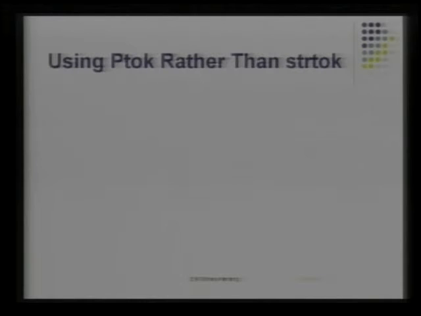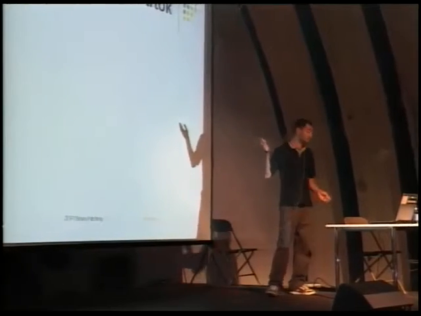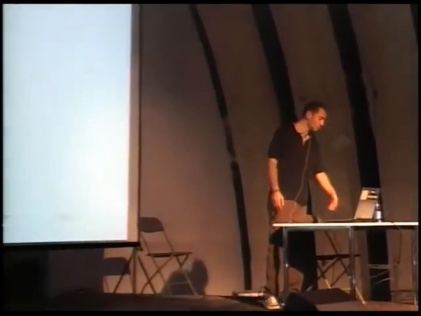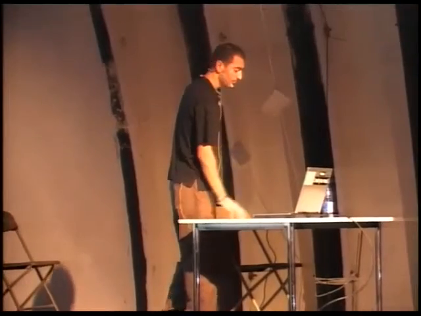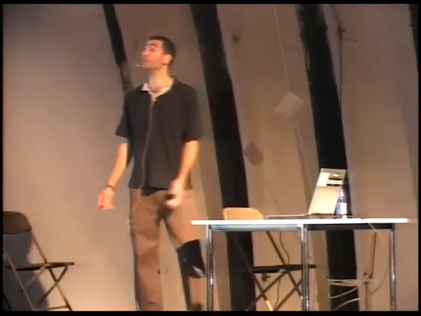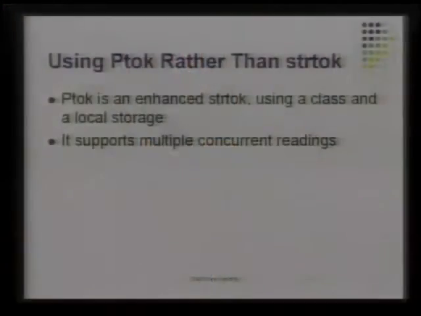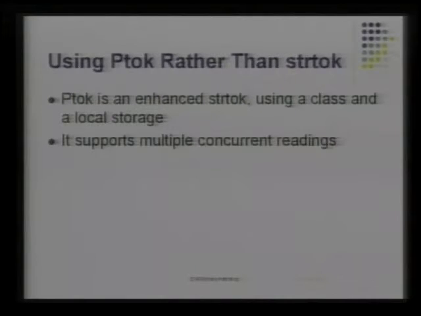So I ask myself, why does Microsoft write this ptoke rather than using strtok? Okay, so we can see that ptoke is C++, and it has its local storage, which is an improvement over the strtok one, and it supports multiple concurrent reads if we think about threads and stuff like that.